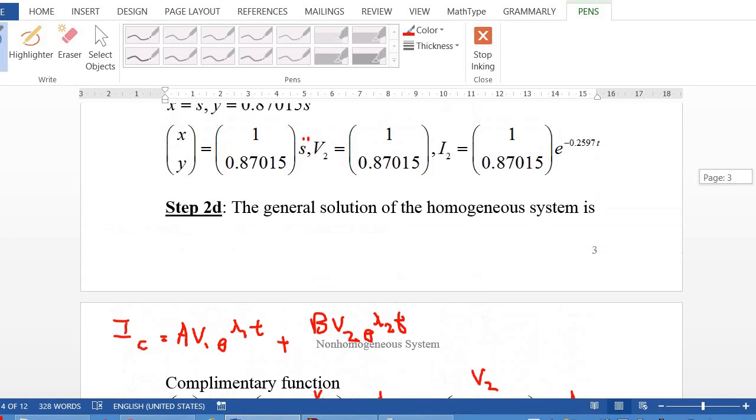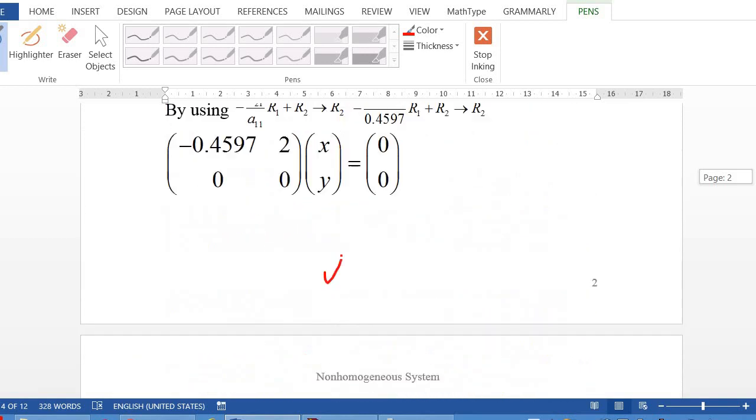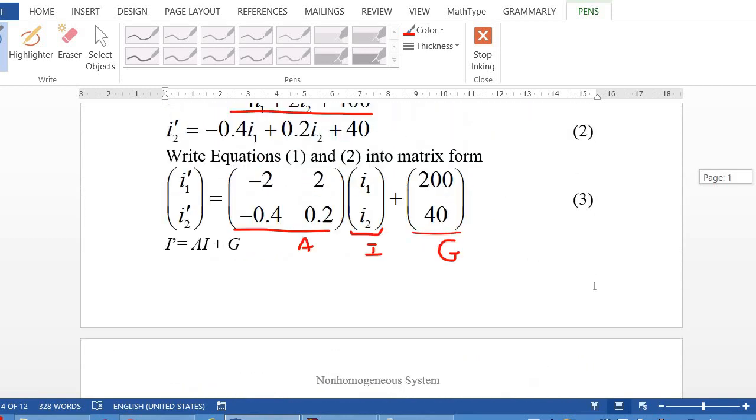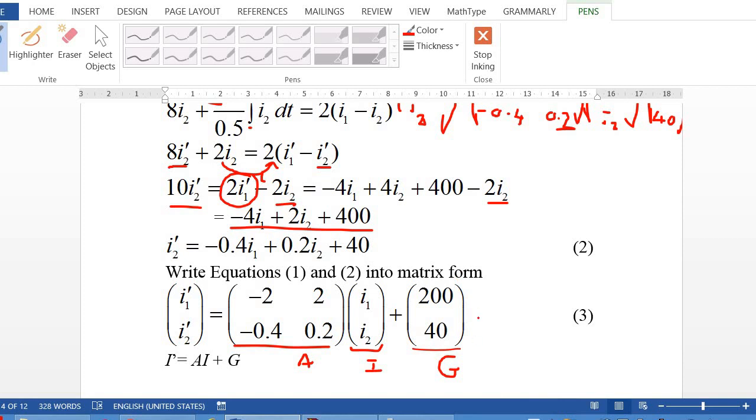Remember, what we have is actually the non-homogeneous system. We got the vector G here. So to solve this non-homogeneous system, first step, you have to solve the homogeneous system or define the complementary function.